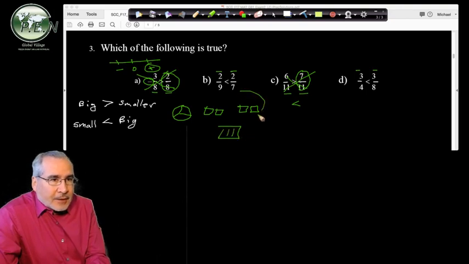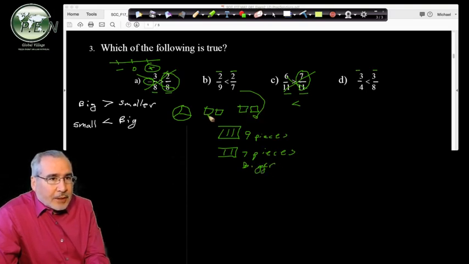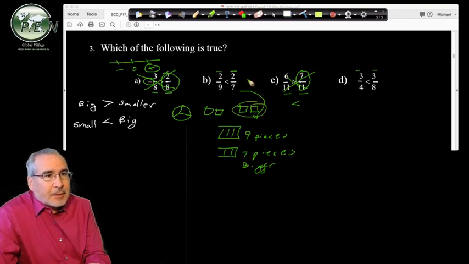The 7 means that we took that same thing, that same size, but we divided it into 7 pieces. We only shared it with 7 people, so our pieces are going to be bigger. So while we have two pieces and two pieces, these are the bigger pieces here.